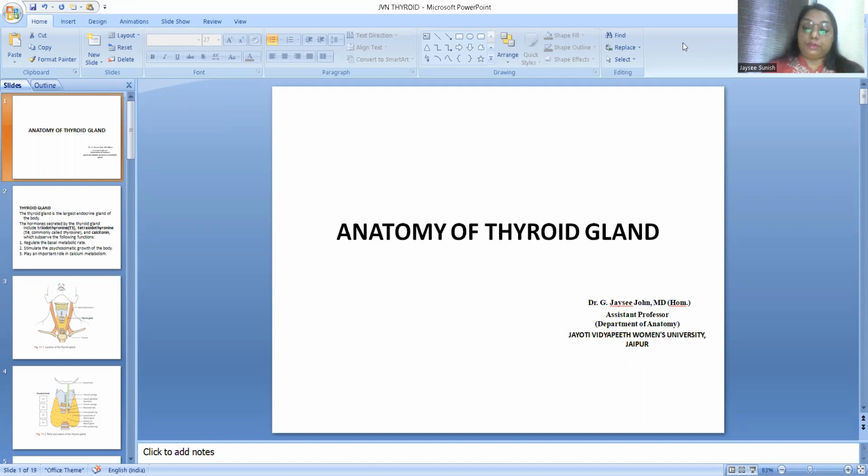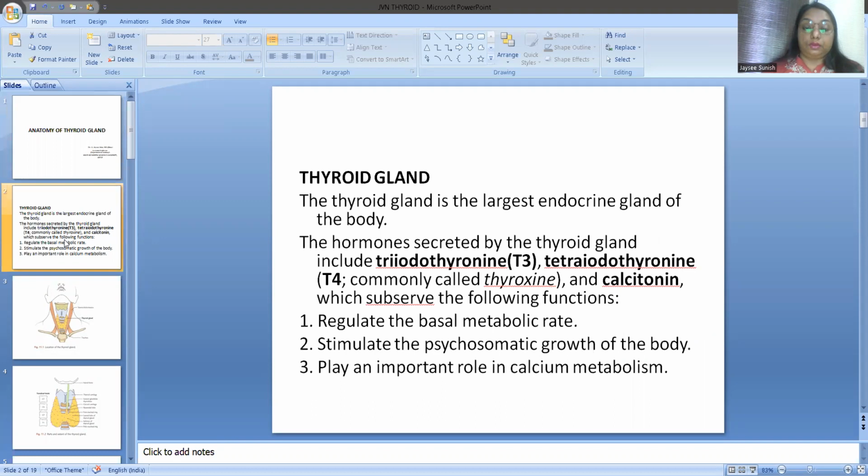So today we will discuss the anatomy of the thyroid gland, which is one of the endocrine glands. The thyroid gland is the largest endocrine gland of the body, and the hormones secreted by the thyroid gland are triiodothyronine, which is indicated by the symbol T3, and tetraiodothyronine, indicated by T4, which is commonly called thyroxine hormone, and calcitonin.